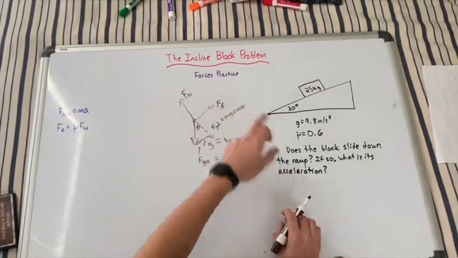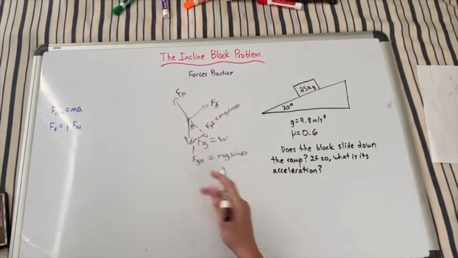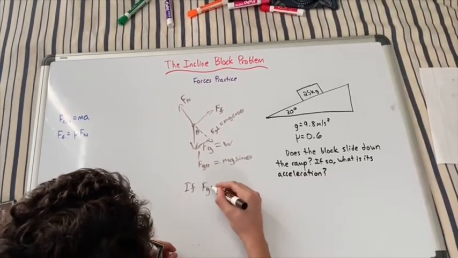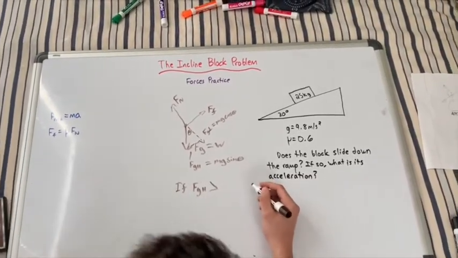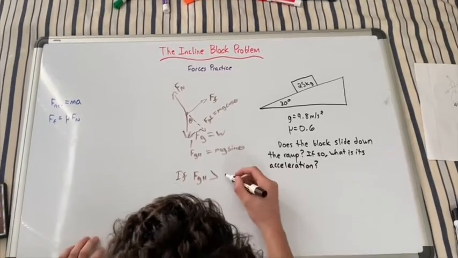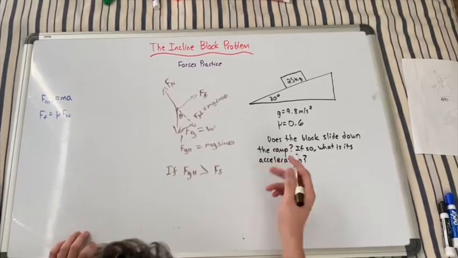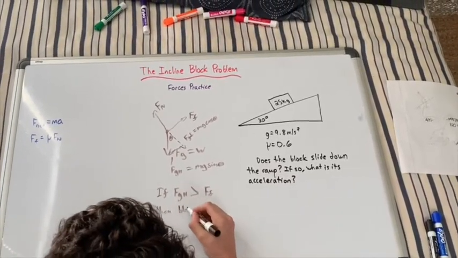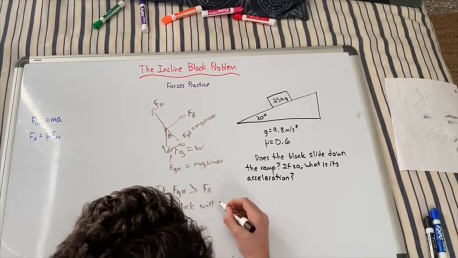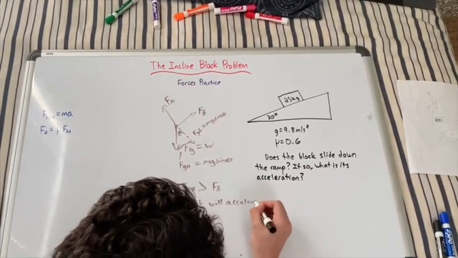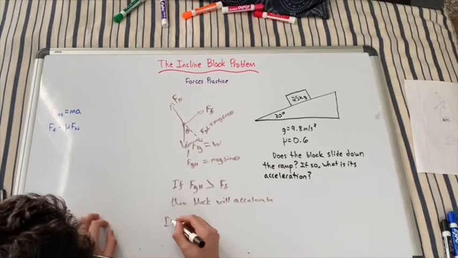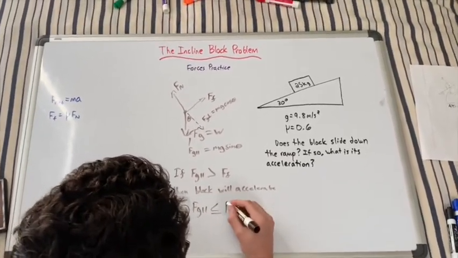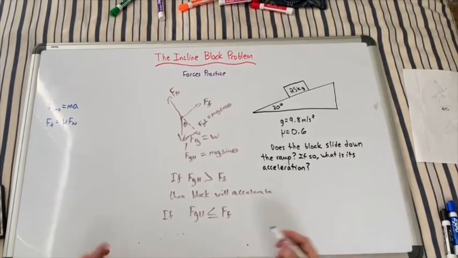So basically, in this problem, what we're trying to do is determine if this force of gravity parallel is greater than the force of friction. If the force of gravity parallel is greater than the force of friction, then the block will accelerate. However, if the force of gravity parallel is less than or equal to the force of friction, it won't accelerate.